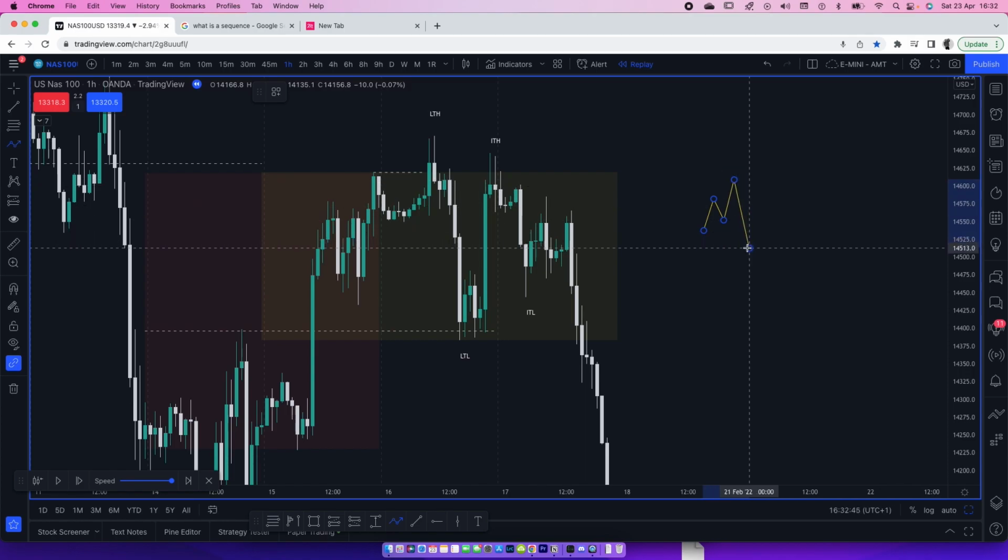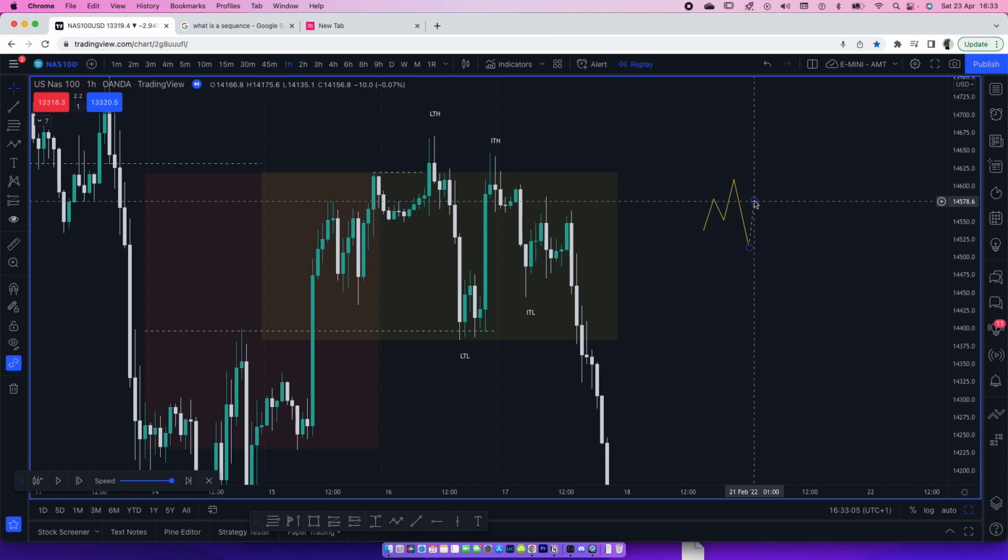This is the pattern. This is the signature. All right. The sequence starts when you get your test of the imbalance. So you have the displacement, break of market structure.